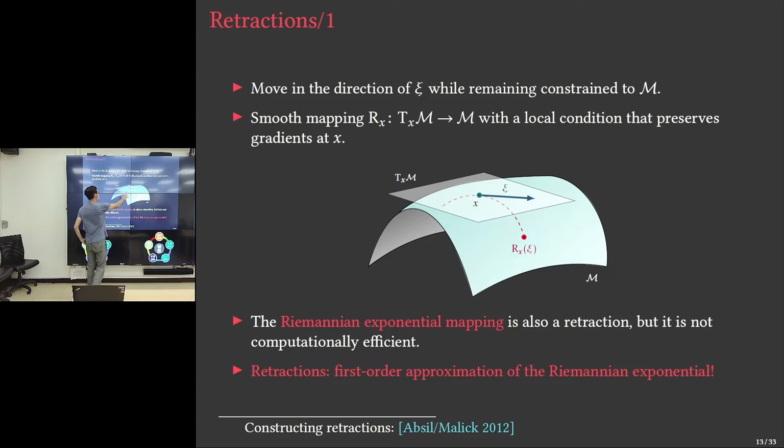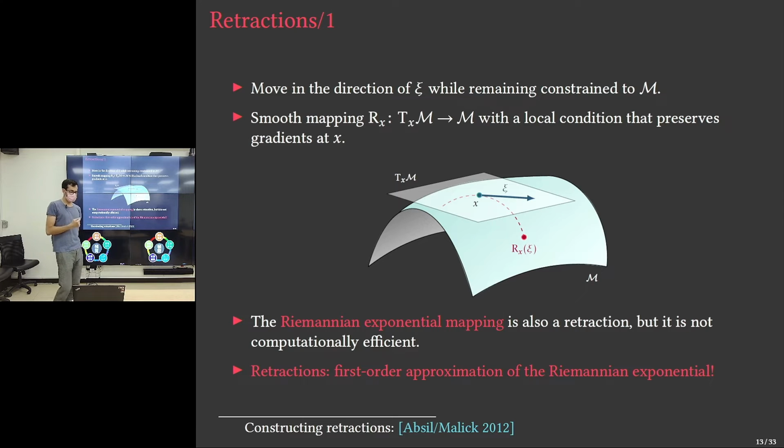So it's really like this picture, okay? So there is a curve that is emanating from x in the direction of psi. But yeah, we have to stay on the manifold, so we have to remain constrained to the manifold. And then there are some local conditions that preserve the gradients at the point x. We will see in the next slide.